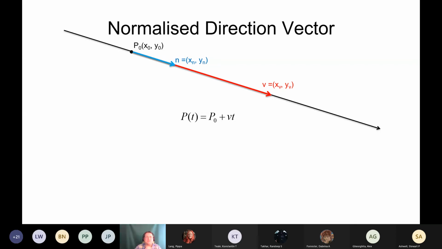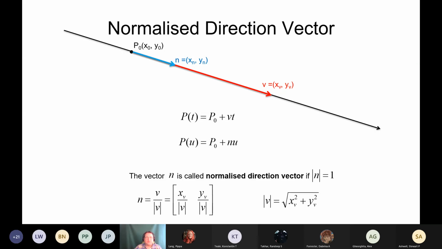So that's the normalized direction vector. The vector n is called the normalized direction vector if its magnitude is equal to 1. You have the formulas here, and that finishes the lecture section of today's session.